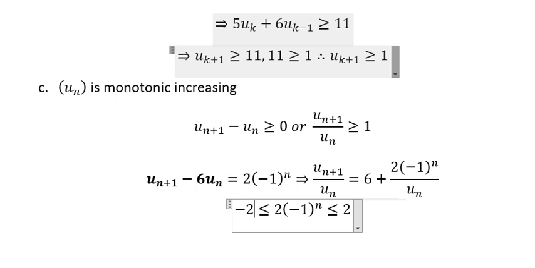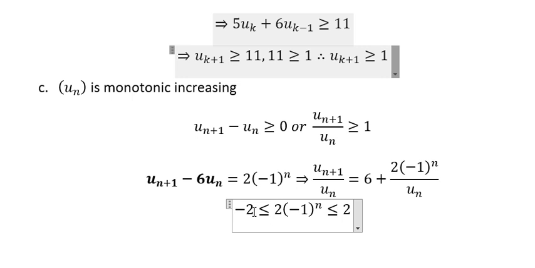Why am I saying so? Because this negative 1 raised to the power n has only 2 values. If it is not negative 1, it is 1, because it is just fluctuating between negative 1 and 1 depending on if n is odd or even. Therefore, if I'm multiplying it by 2, it should be fluctuating between negative 2 and 2.